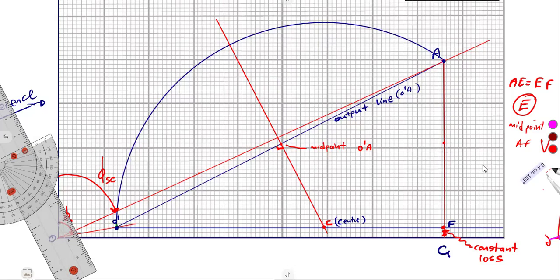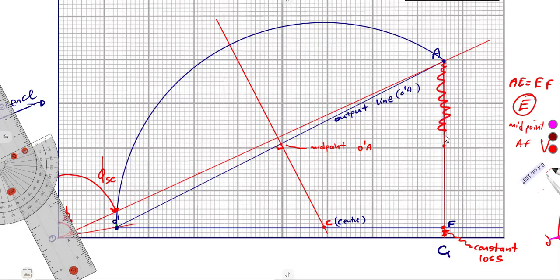So this is where I am going to have my half, halfway, approximately somewhere there. So you must measure and take half.